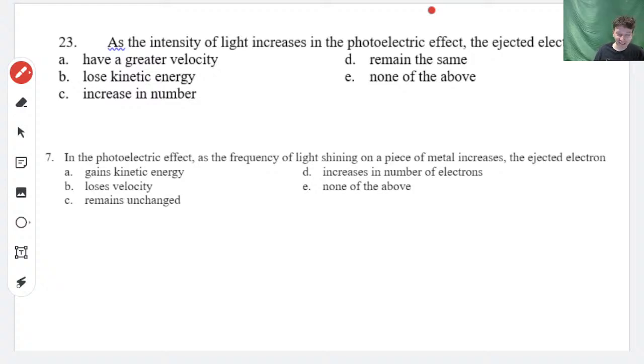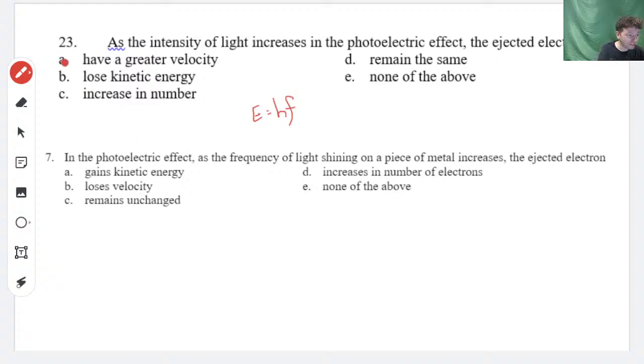These next two questions are on the photoelectric effect, what Einstein got the Nobel Prize for, actually. So 23. As the intensity of light increases in the photoelectric effect, the ejected electrons, A, have a greater velocity. No, because where would that energy come from? Remember, the energy of photons is related to their frequency, not their intensity.